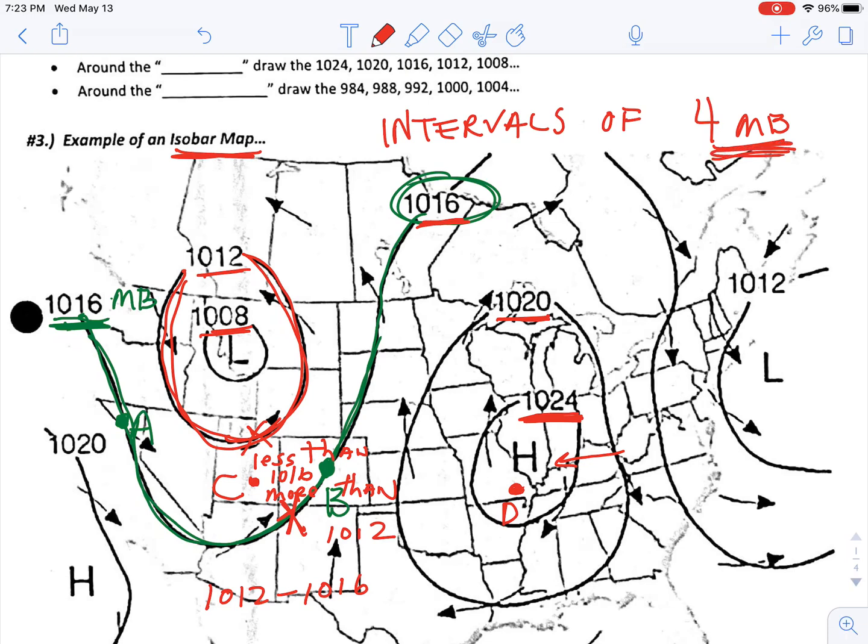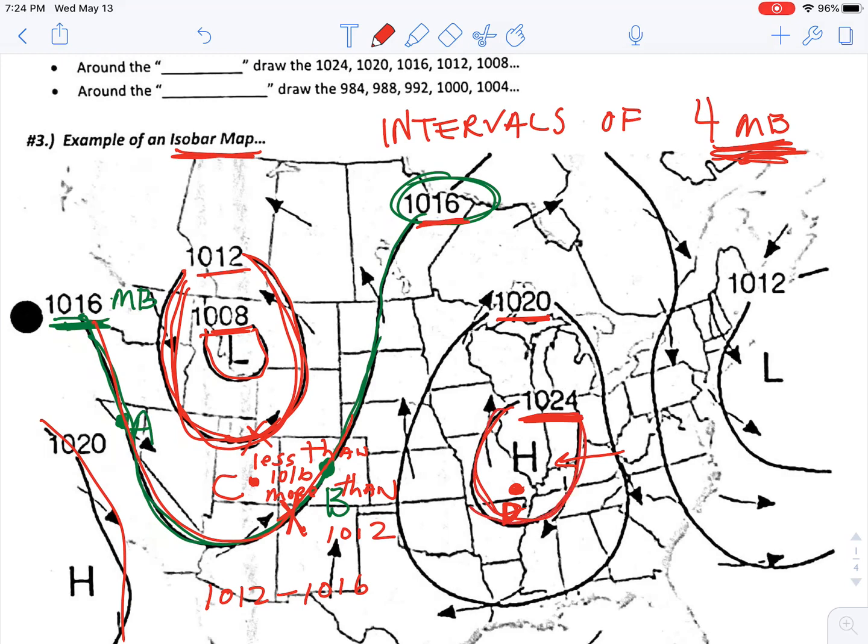They'll all count out by 4. So here's 1008, 1012, 1016, 1020, and 1024. Each isobar line is going to be up in an interval of 4 millibars, which means for something like city D, I know that I cannot get to 1028, because 1028 would be my next line, and if it was 1028 I would see a 1028 line.